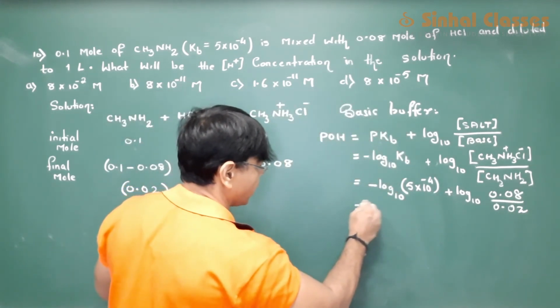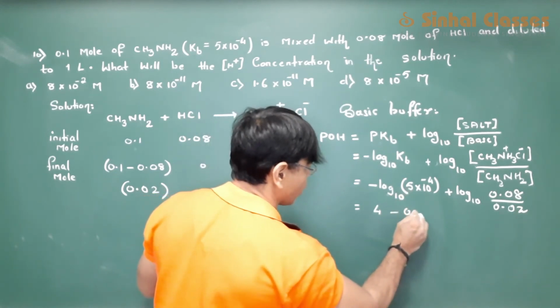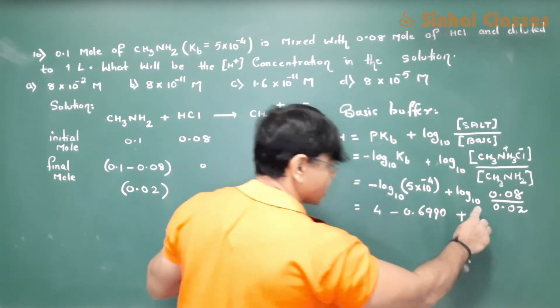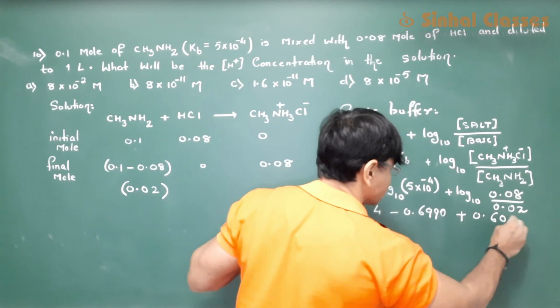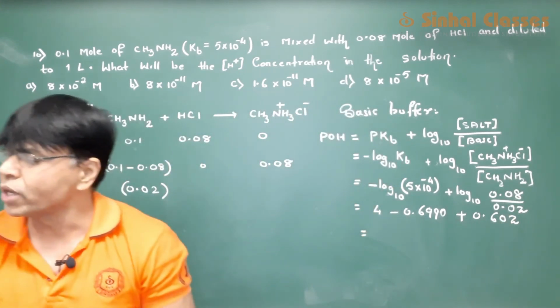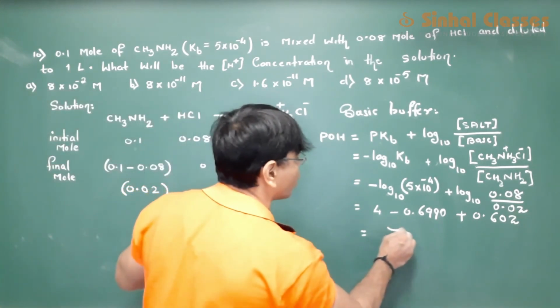So this will be 4 minus log of 5, which is 0.6990, plus log of 4. Log of 4 is 0.602. So when you add them, it is 3.903.